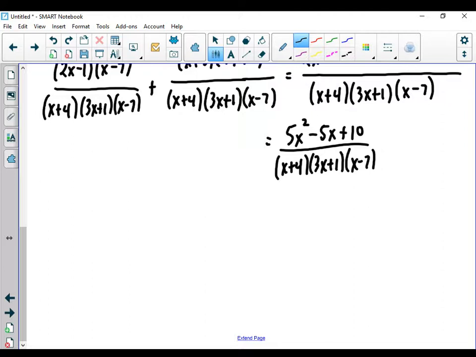All right, been on this problem for a while, but we're still not quite done because remember we were going to look and see, could I possibly factor it? And if I can factor it, does that help me simplify? Well, the numerator all have 5 in common, so I'm going to pull that 5 out.